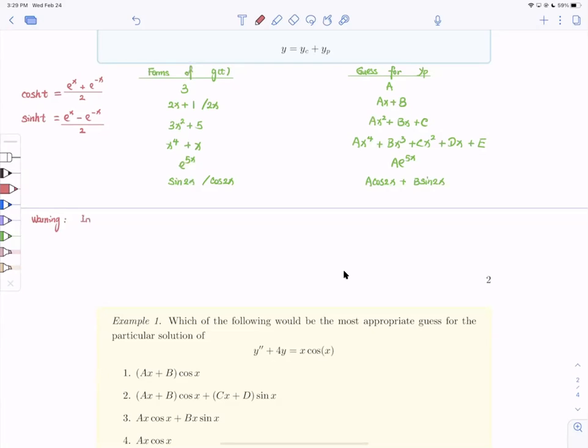Okay. In general, your complementary solution or homogeneous solution may contain terms that are not linearly independent with terms in the guess of yp, and this must be avoided, and I'll tell you how to avoid this.